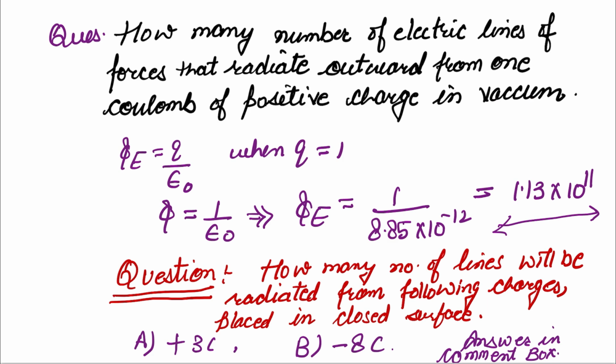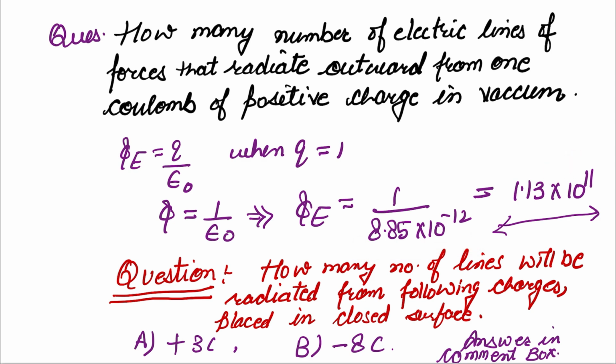That we need to calculate. Okay, so we implement our Gauss law that phi E is equal to Q upon epsilon naught. We put Q equal to 1 coulomb. Then phi will be the number of electric field lines. The electric flux will be 1 by epsilon naught. We substitute the epsilon naught. We get this as the answer.